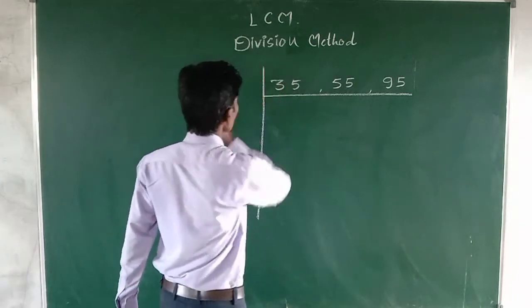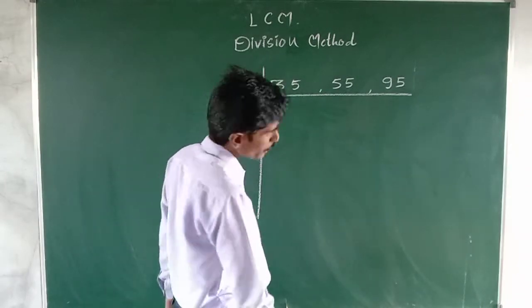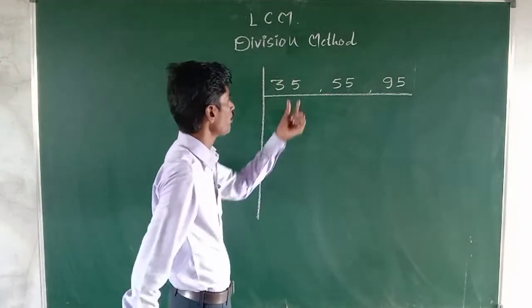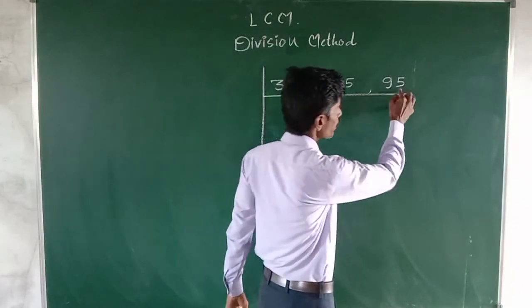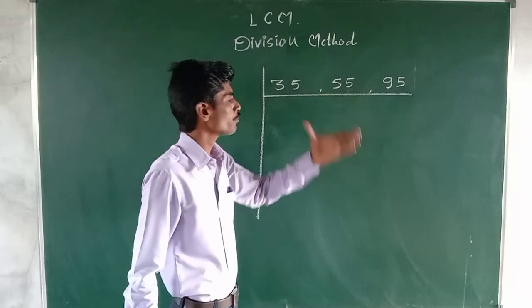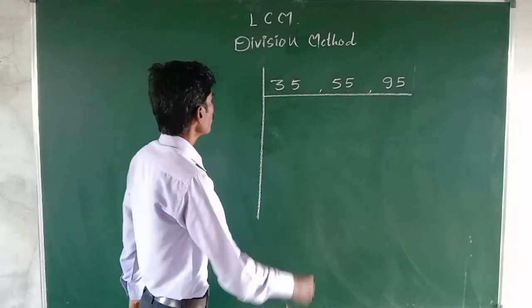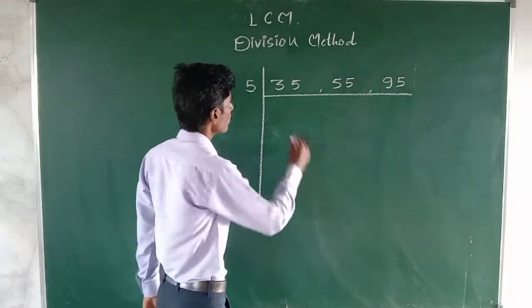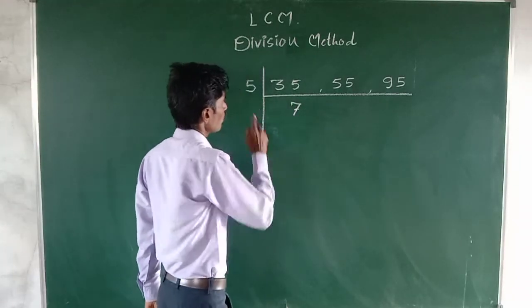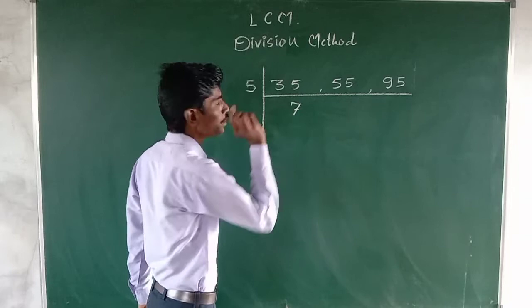First of all, we will divide by 5, because in the ones place there is a 5, there is also 5, and there is also 5. So we can divide with 5. 5 ones are 5, 5 sevens are 35.